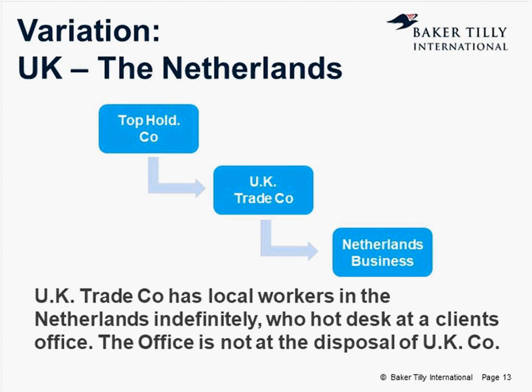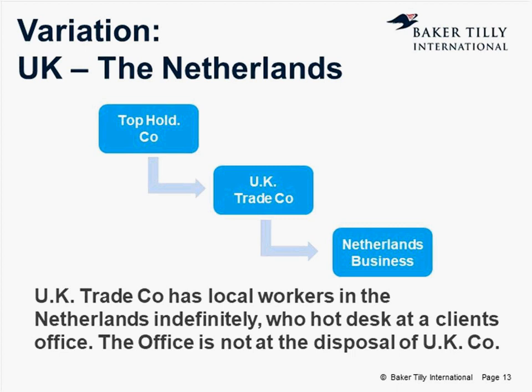So the point to think about in this variation is, when you're looking at the immediate trading company that is setting up a business or having some business overseas, you need to look at the big picture. Don't just evaluate the relationship between the main company and what's done in this case in the Netherlands.